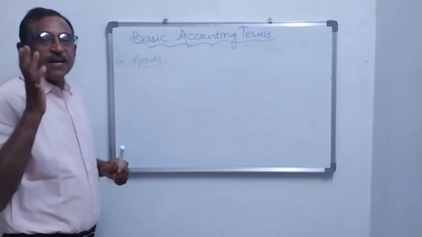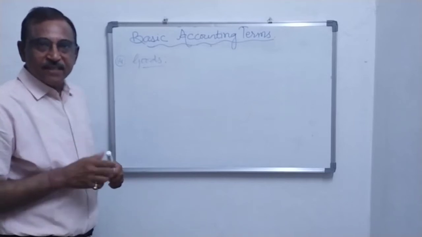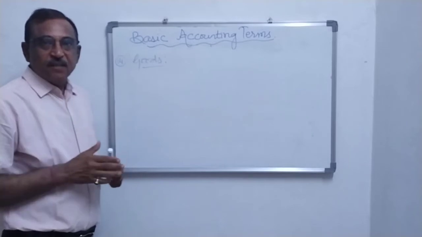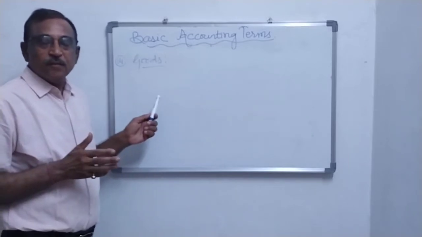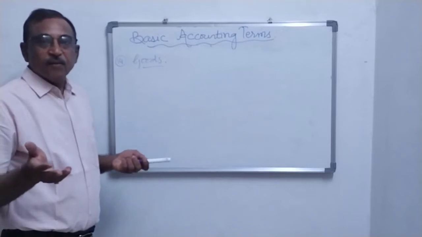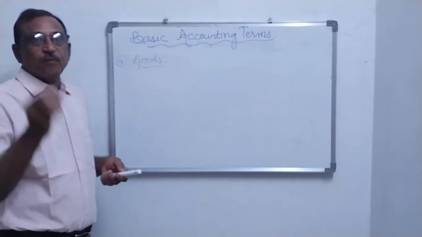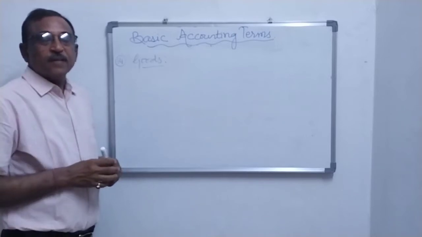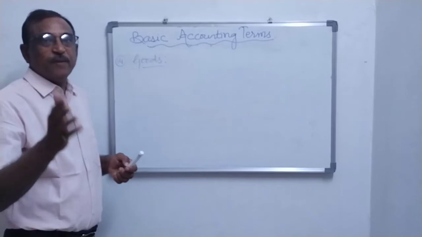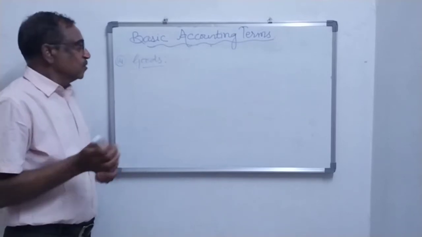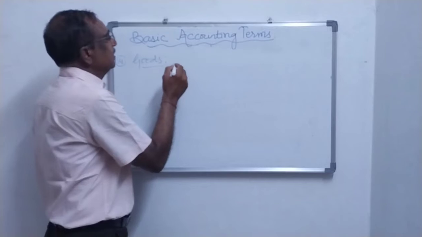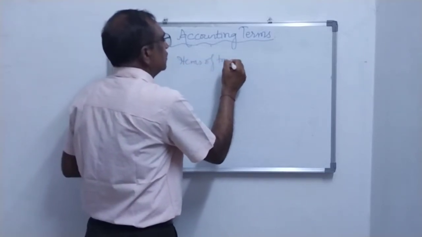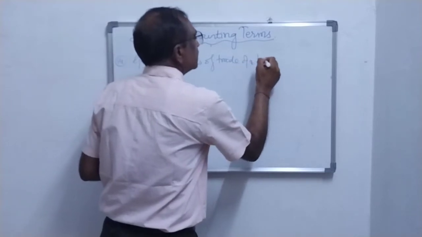Goods. Goods are the items of trade of any business. For example, you deal in grains, so grains will be goods for you. And if you are a stationer, stationery items will be your goods. If you have a shop of computers, you deal in computers, computers will be goods for you. Okay, so we can define goods as items of trade of a business.